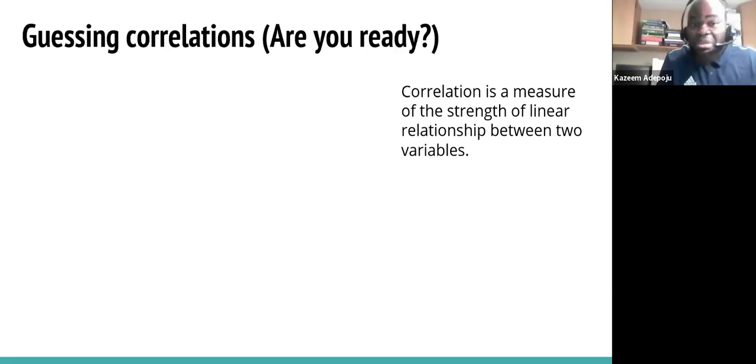Then maybe I have to do something to convert the relationship to linear. As time goes on, we're going to be talking about how a non-linear relationship can be transformed into a linear relationship. We're going to discuss that in the subsequent lecture.